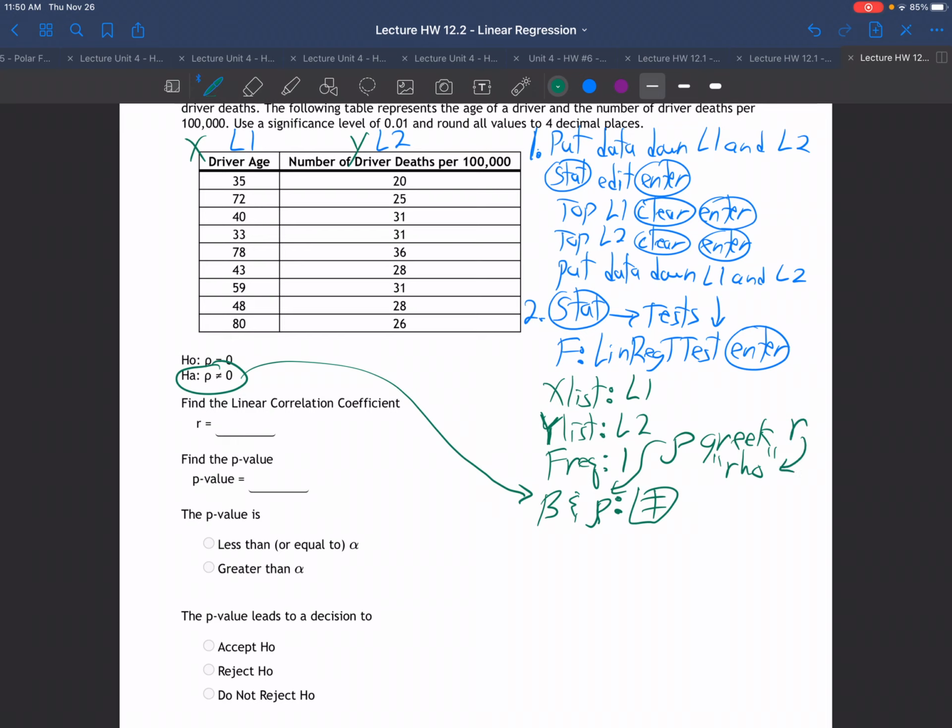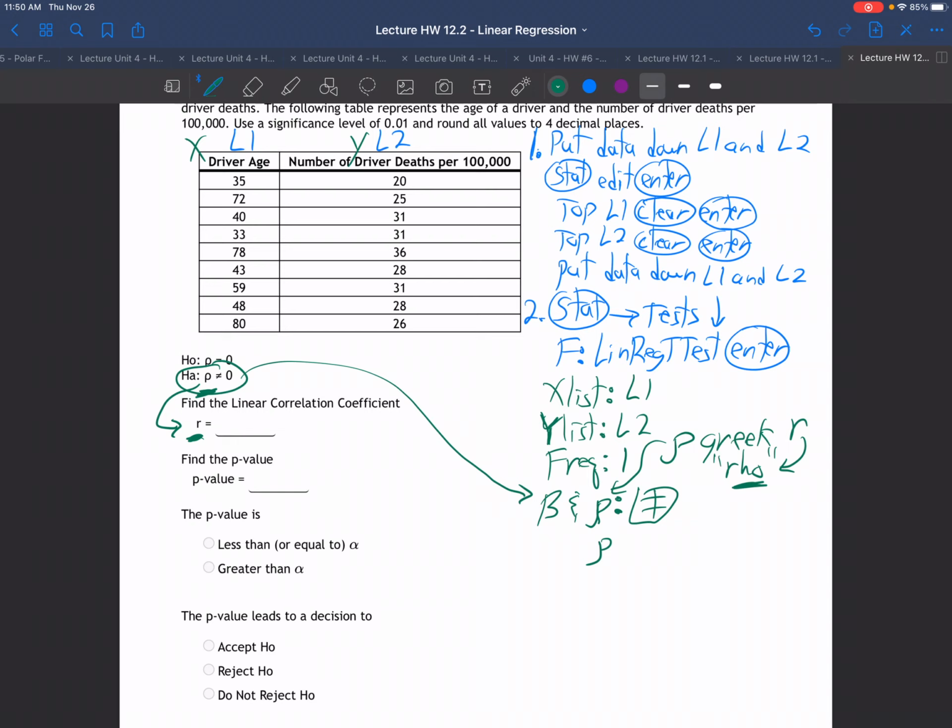I don't care that you know any Greek, but I just want you to know it's the same as this R so you're not confused. When you see the P, realize it's the same as R. It's just a Greek R. Even though it looks like a P, it's basically an R.